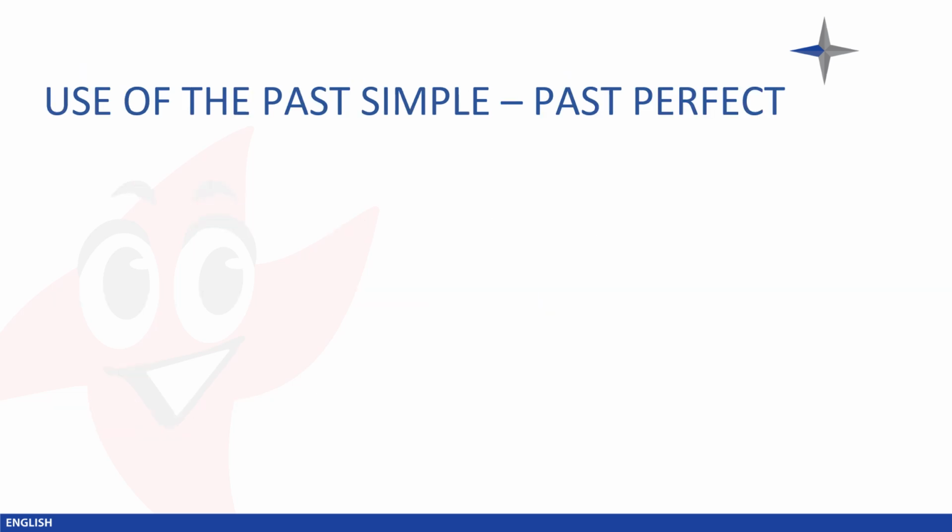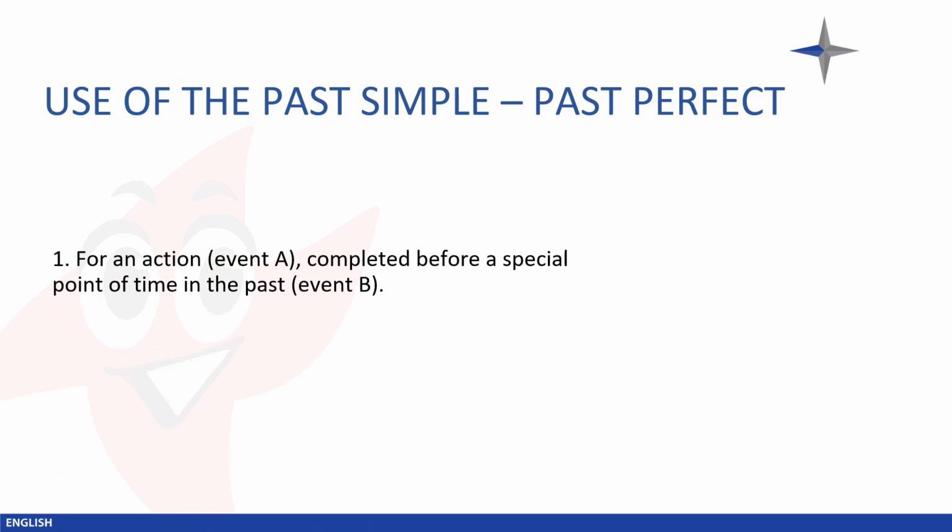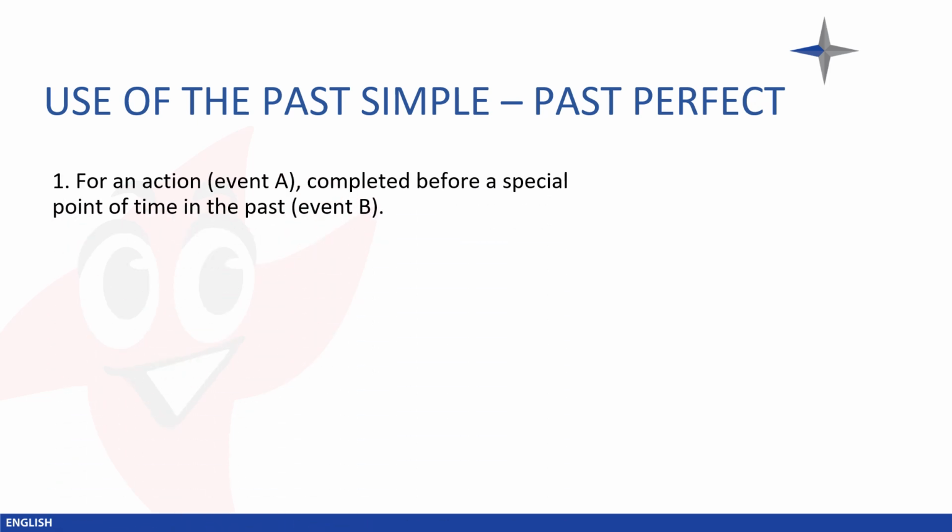As I mentioned in the previous video, I was talking about events happening before another event. So you notice that in the previous slide, we were talking about event A and B. All right. So for an action, event A is completed before a special point of time in the past, event B. So A was the first thing to happen. That's the past perfect. The next thing that happens is event B, and that's in the past simple.